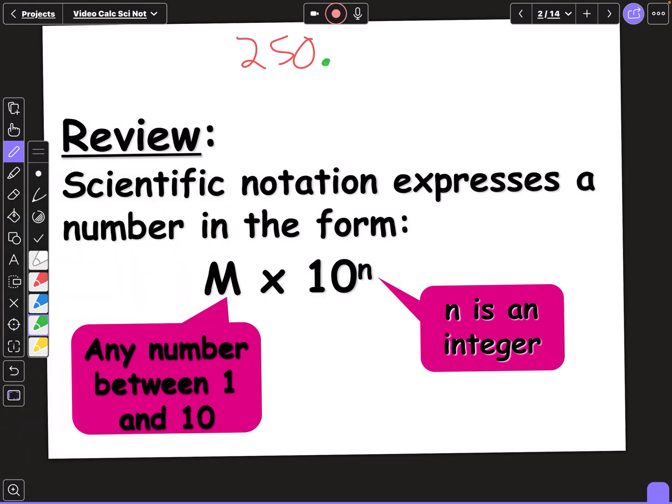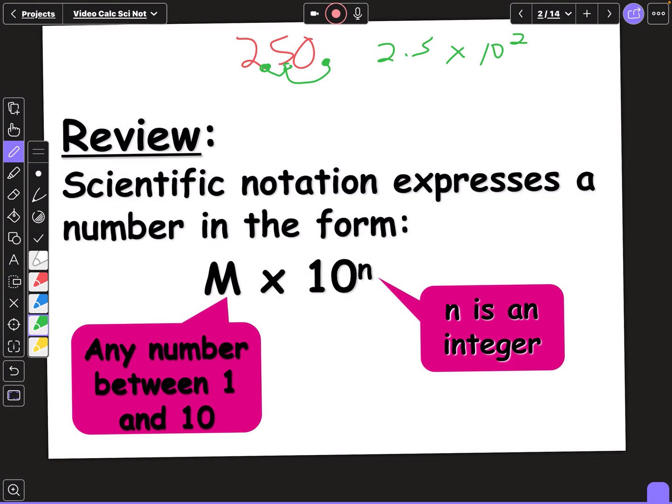I need to get to a number between 1 and 10, and 250 is not that. If I move one place to the left, it's 25. That's not between 1 and 10. I need to go one more, and 2.5 is between 1 and 10. So that would become 2.5, or 2.50 if you want to include the 0, times 10 to the, since I moved two places to the left, that's positive places, so that would be 10 to the second power.